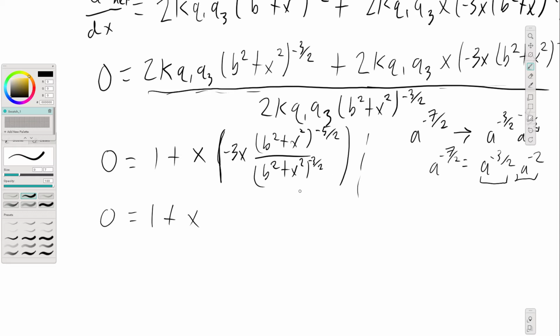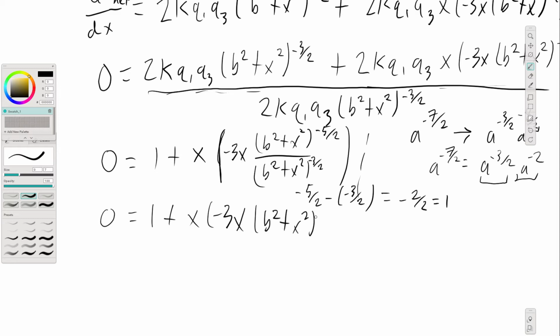I'm going to do negative 5/2 minus negative 3/2, which becomes a positive and allows me to add this, giving me a much nicer term. This turns out to be negative 2/2, which is equal to 1. So I get that this is b squared plus x squared to the 1 power.